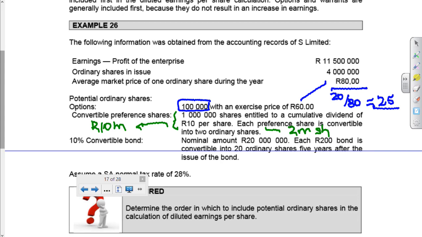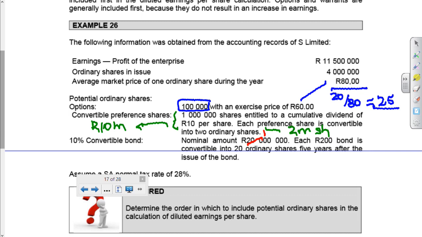Convertible bond, a nominal amount of 20 million. Each 200 rand bond is convertible into 20 ordinary shares in 5 years' time. All right, so let's just look at this. If the bonds are 200 rand, it means that there's 100,000 of them.